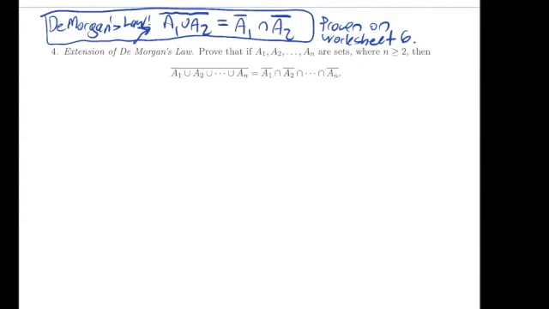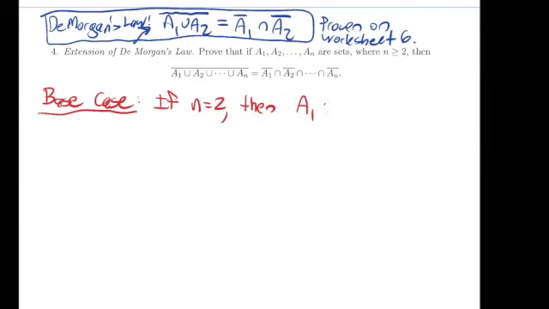Okay, so here, what would the base case be? N equals 2. Yeah, so we're going to say, if n equals 2, then we've got the complement of A1 union A2 is equal to the intersection of their complements.